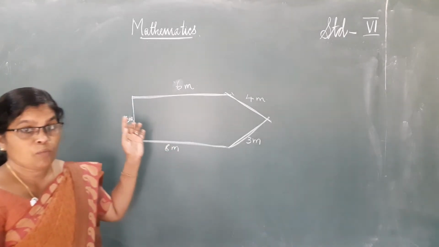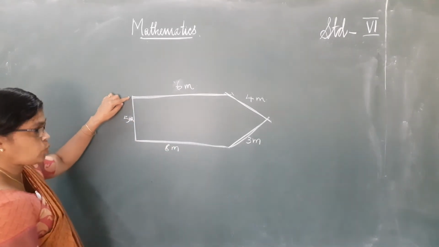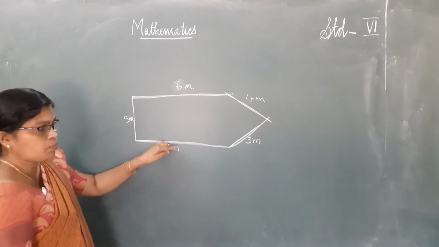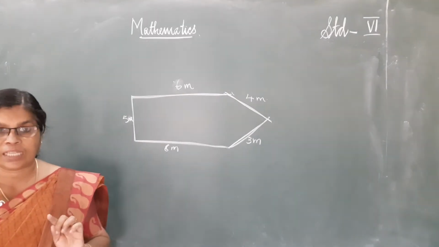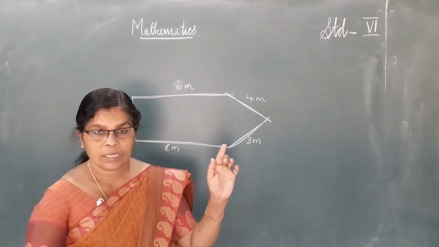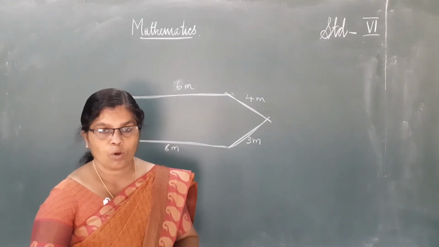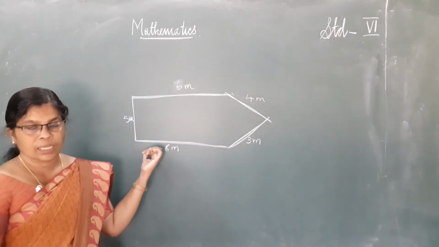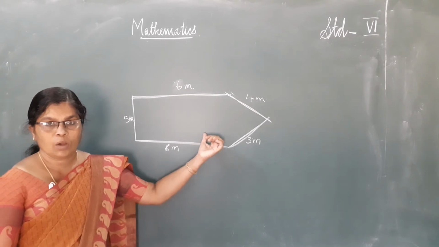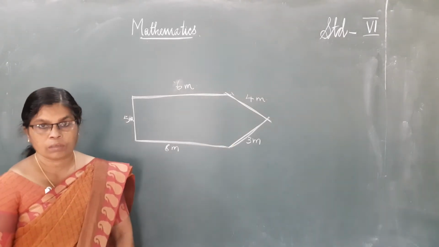He should know what the total length is. Then he has to add this: 5 plus 6 plus 3 plus 4 plus 6. Then he will get how much distance he has to make the compound wall, right? So, the sum of the boundary is called the perimeter of that compound wall, right?